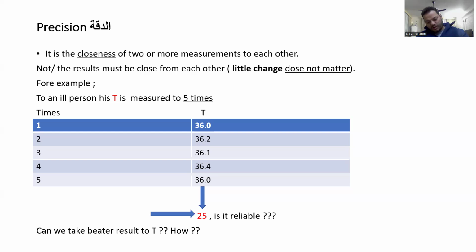At precision, I was talking about one true result, one fact result. Here, the situation is different. It's the closeness of two or more measurements to each other. For example, I asked a doctor in my team to measure the temperature of an ill person in the hospital, anyone sick, it doesn't matter.